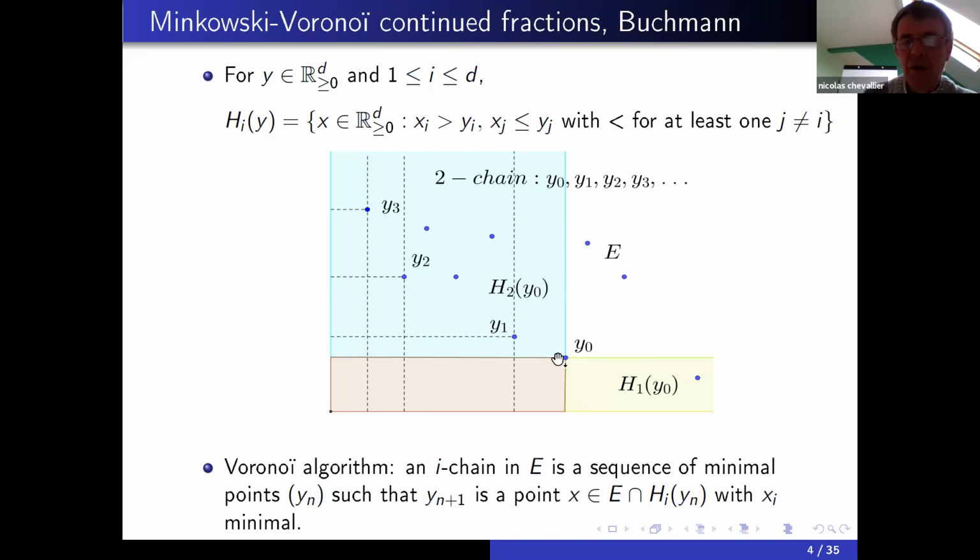And now you look at the points of E in the region H2 of Y0, and you take the minimal vector with the smallest second coordinate in this region, and it is Y1. So here you specify. And you continue.